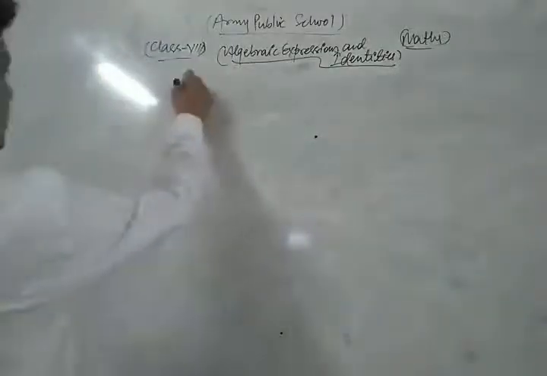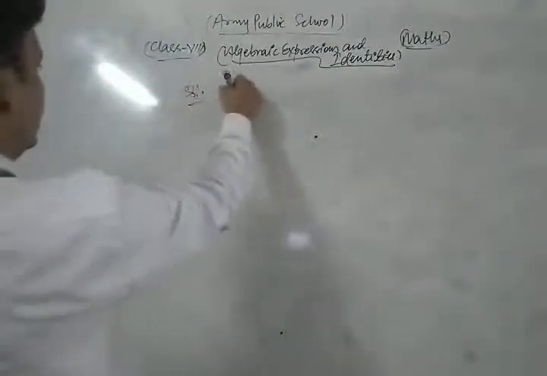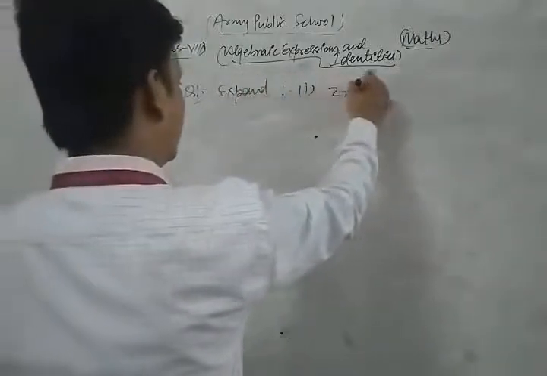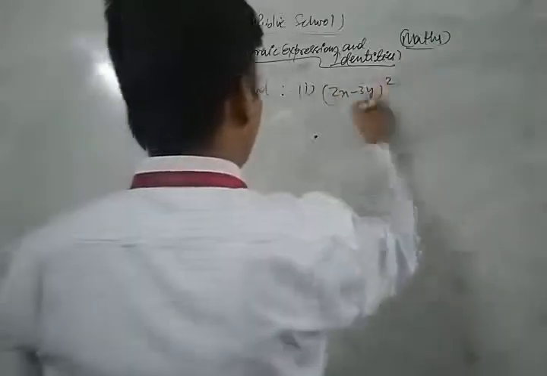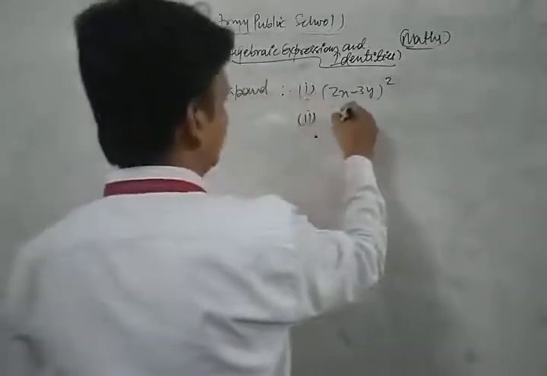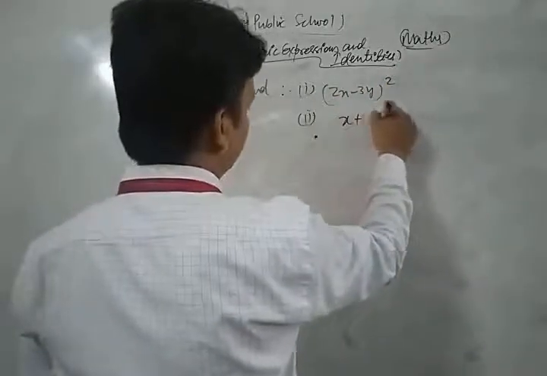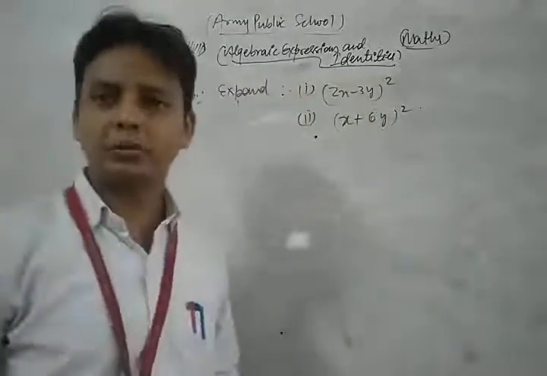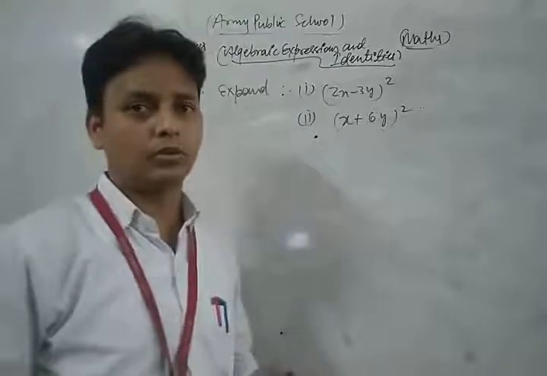Now we take a question, and the question is: expand the first, (2x minus 3y) whole square, and the second one, (x plus 6y) whole square. Now look, this is a very important question based on the identities. So let's see its solution.